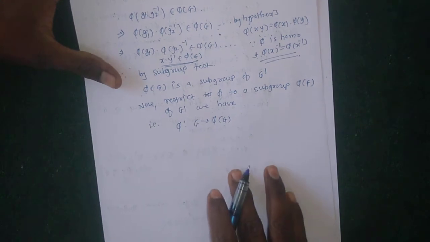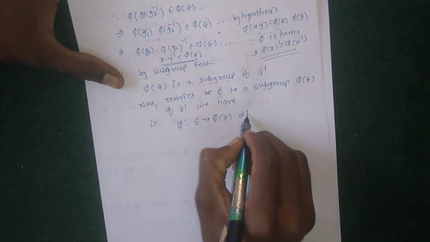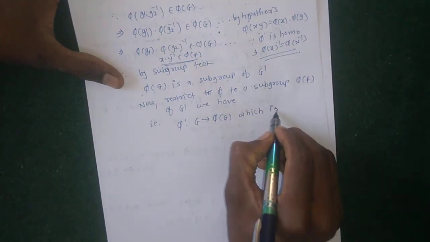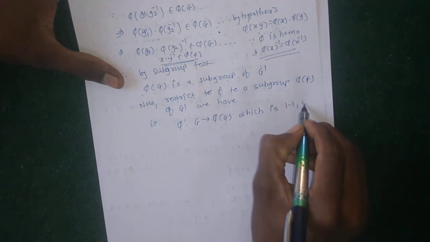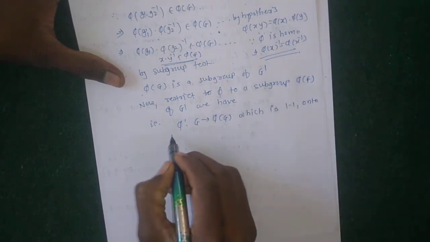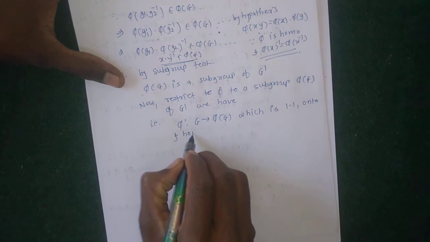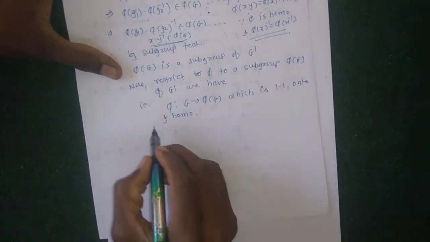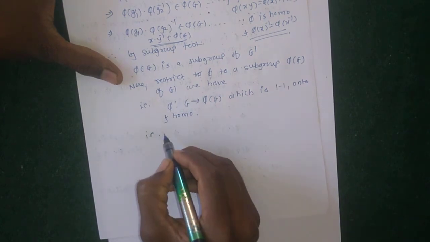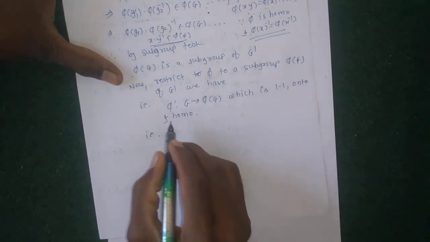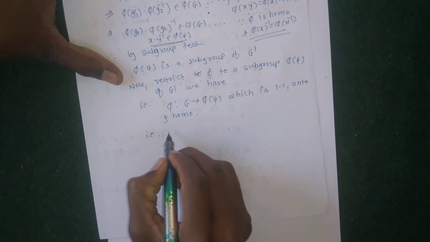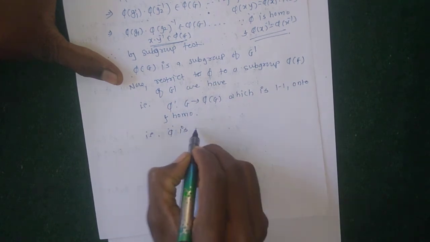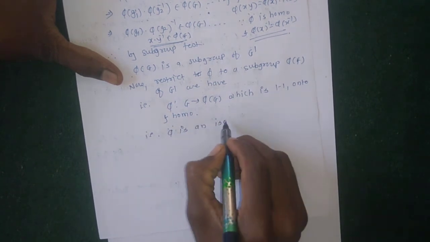G to phi of G, which is 1-1 and onto, and homomorphic. If phi is 1-1, onto and homomorphic, then phi is an isomorphism.